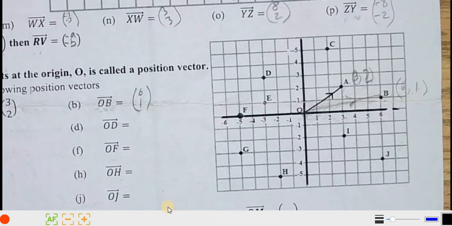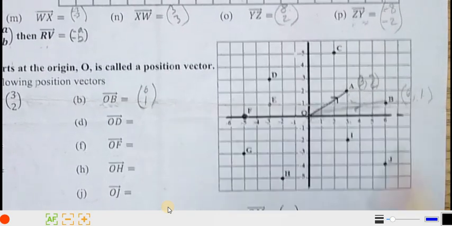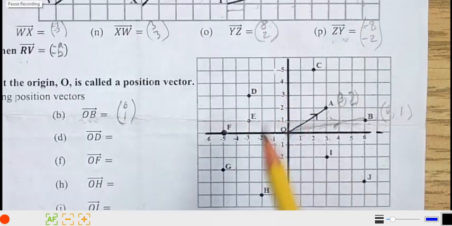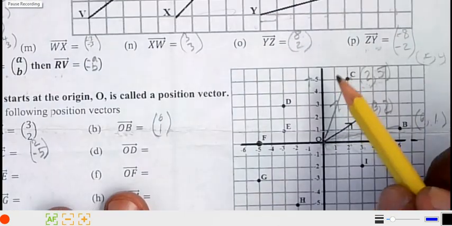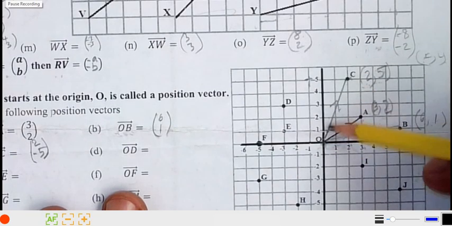Clear? Alright, let's do one last one. Let's do OC. We're going to go from O to C. But before we look at OC, let's look at the location of C. Above the origin is always positive numbers, right?